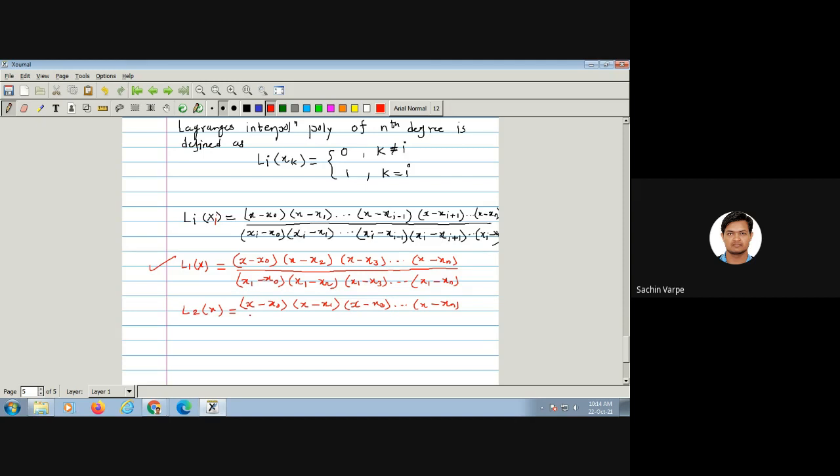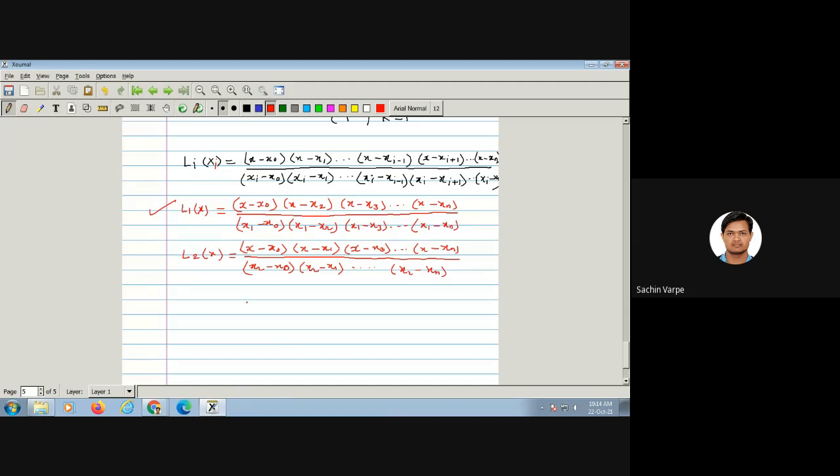Wherever x is there, we replace it by x2. So x2 minus x0, x2 minus x1, and so on, x2 minus xn. So this is L2 of x, and so on. In a similar manner, we can define the other polynomials.